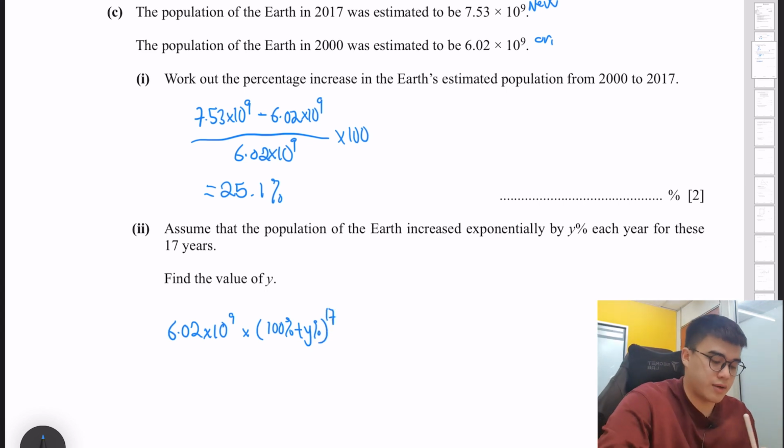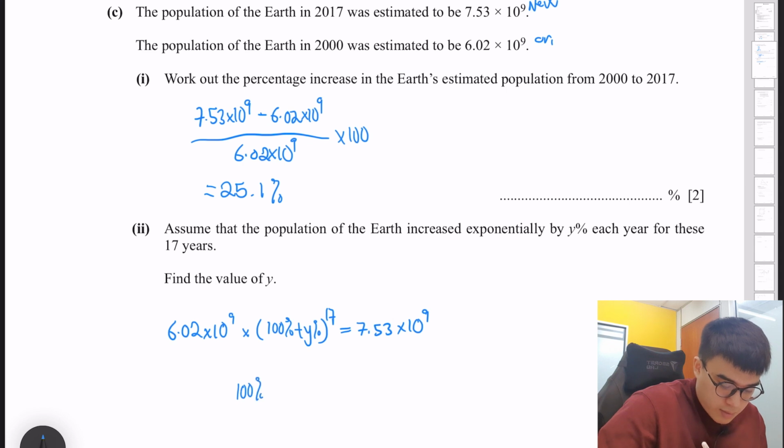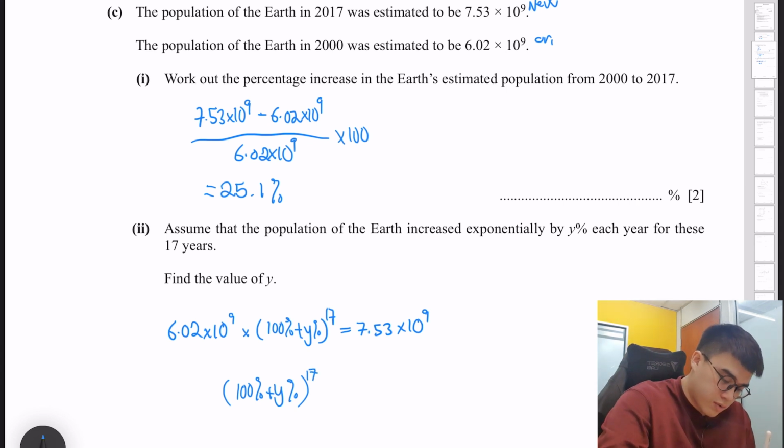They gave us everything already, and it equals 7.53 times 10 to the power of 9. So with all this information, I'll be taking 100% plus y%, to the power of 17, equals 7.53 times 10 to the power of 9 divided by 6.02 times 10 to the power of 9.